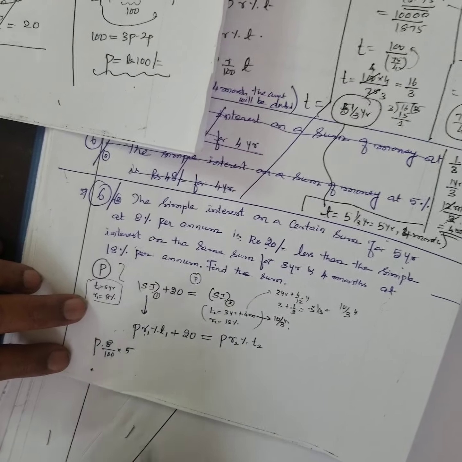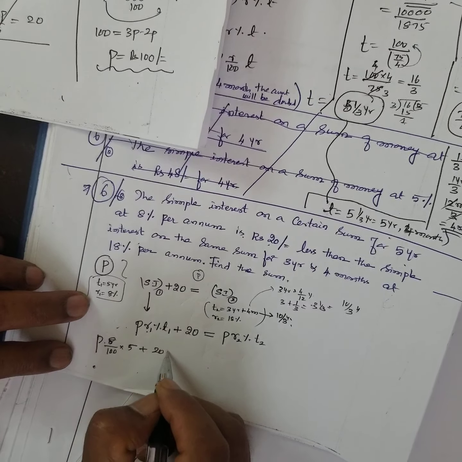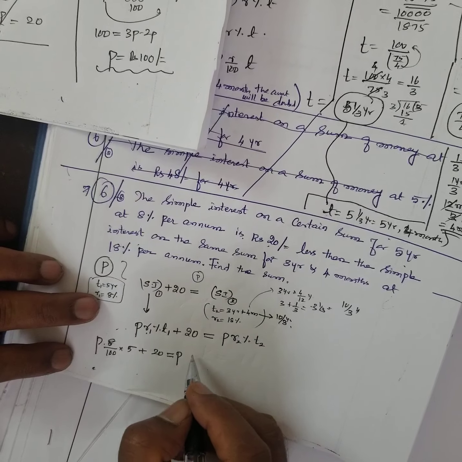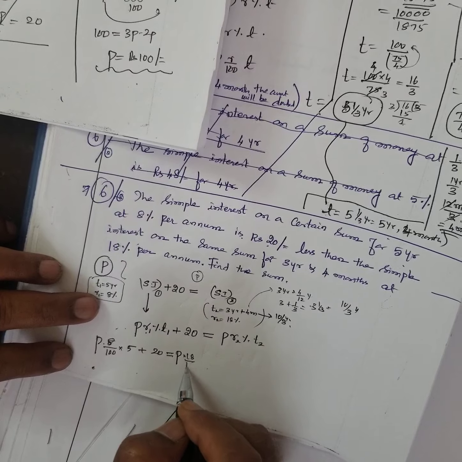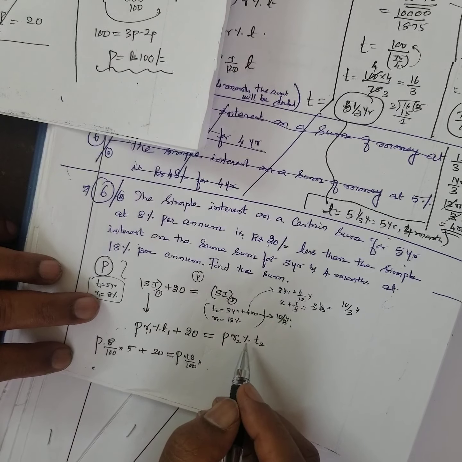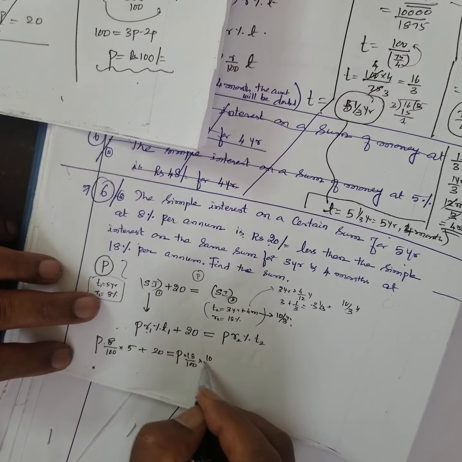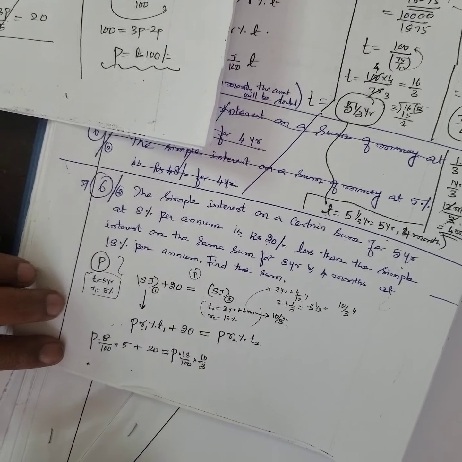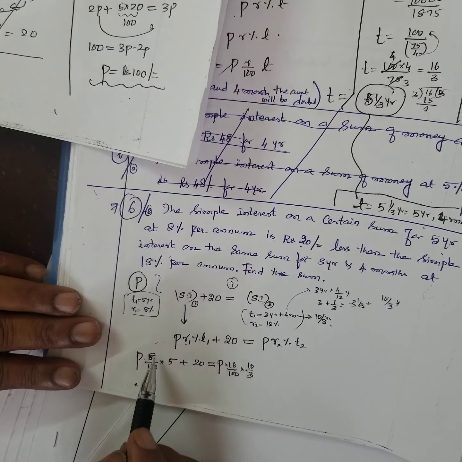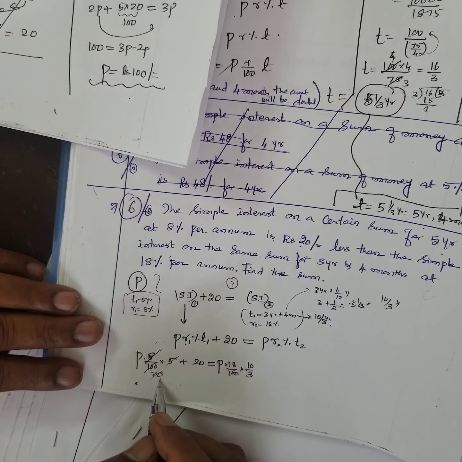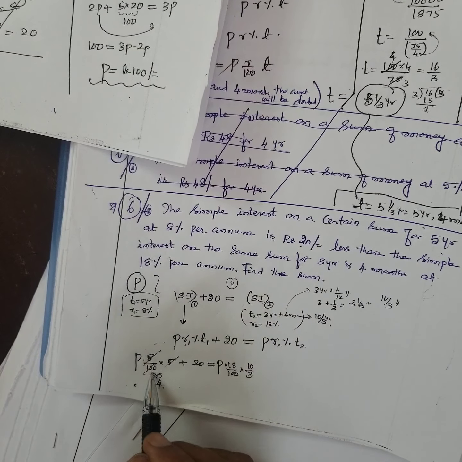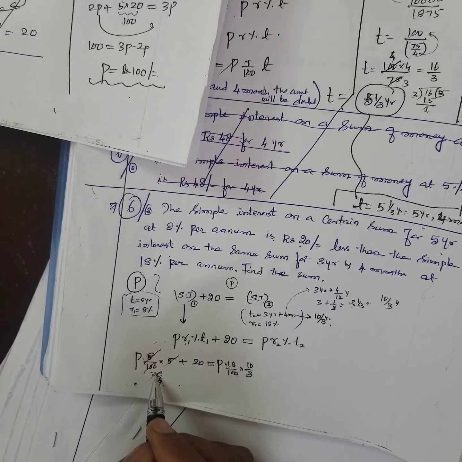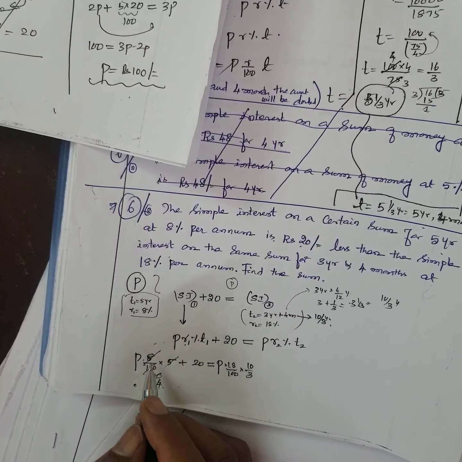Time is 5 years, plus 20 equal to same principal, rate of interest is here 18% into T2 is 10 by 3. Now you have to calculate P. See, this is how many times it goes? 20 times, this is 5 times, sorry.